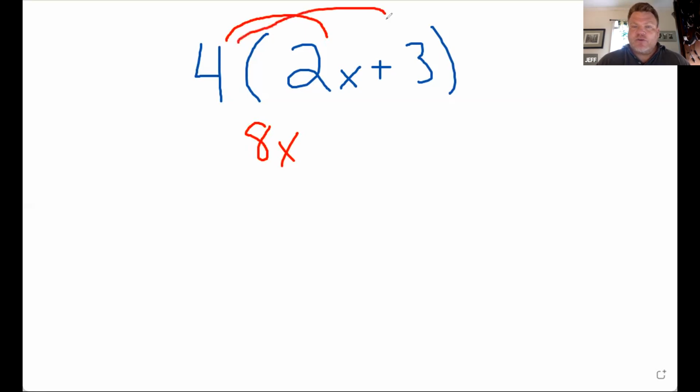Then we jump this fence over here. 4 times positive 3 is positive 12. So this, let's see if I can erase this carefully. These two things are the same.